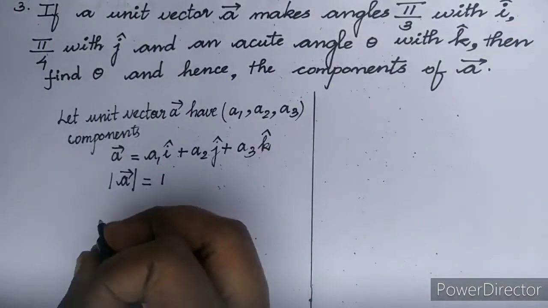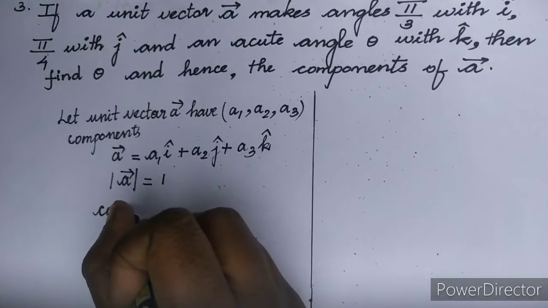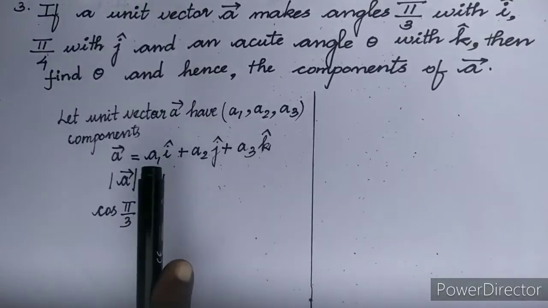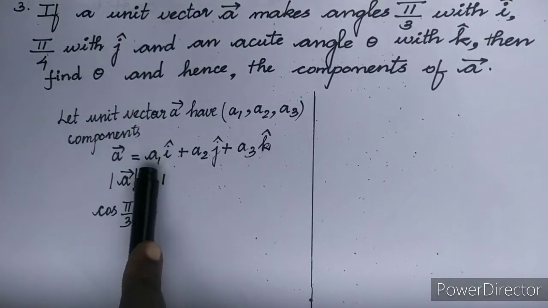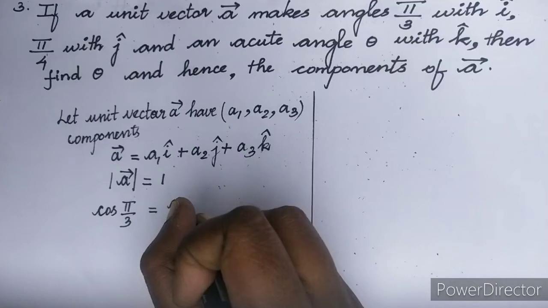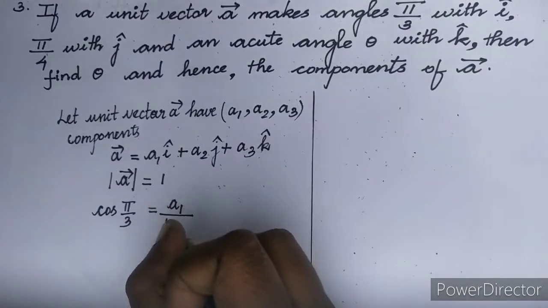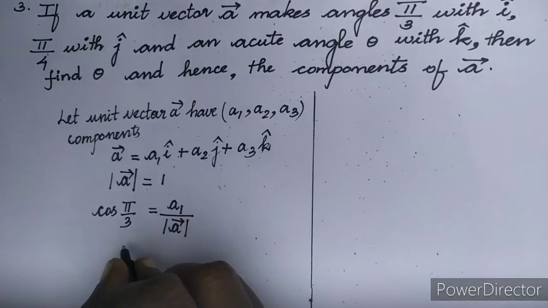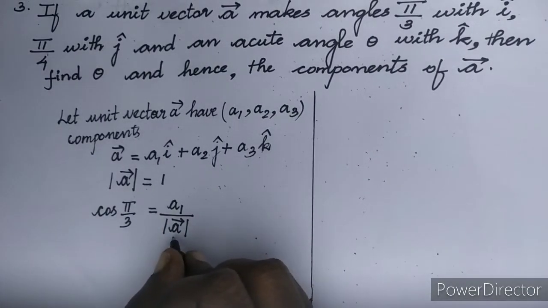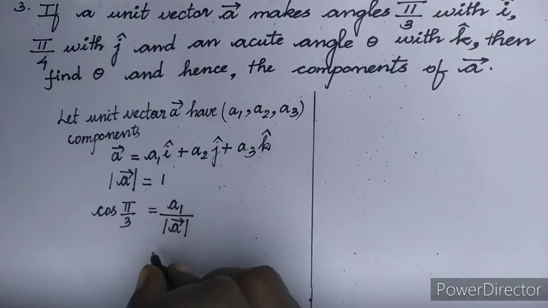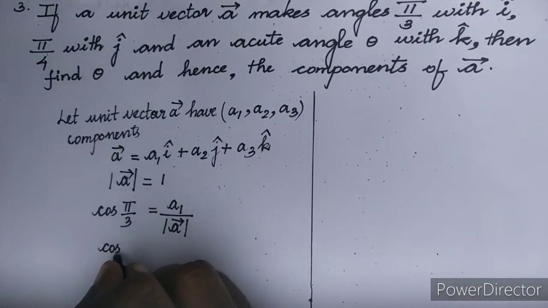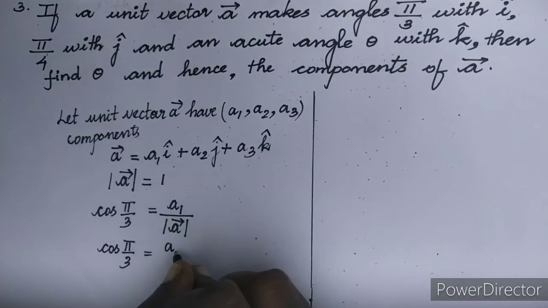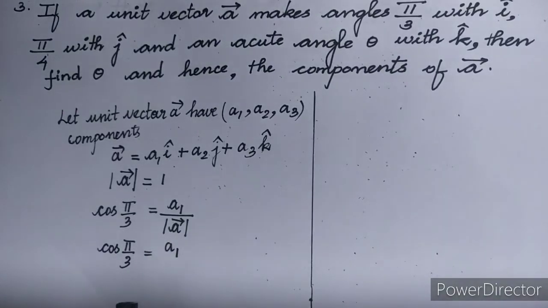So, we will have cos pi by 3 is equal to scalar component of I cap, A1, divided by magnitude of A vector. So, since magnitude of A vector is 1, we can write cos pi by 3 is equal to A1 divided by 1, which is nothing but A1.